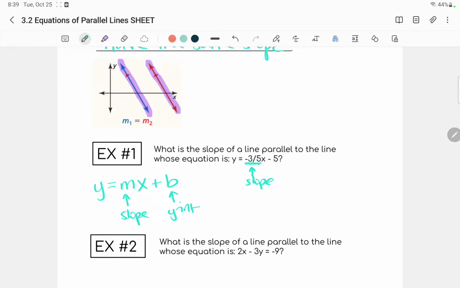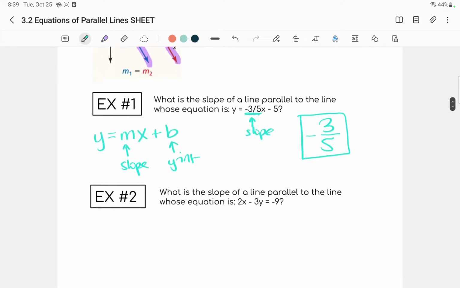So my slope is negative 3/5. So the slope of a line parallel to this line is going to be negative 3/5. That's it. Again, parallel lines have the same slope. So if this line has this slope, then my other parallel line has to have that slope as well.